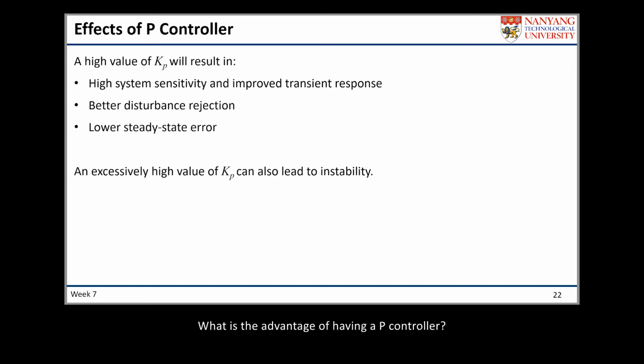What is the advantage of having a P controller? In general, using a P controller in your system will improve your transient response. You still remember, don't you? In a system, you have two parts of output, transient and steady state.